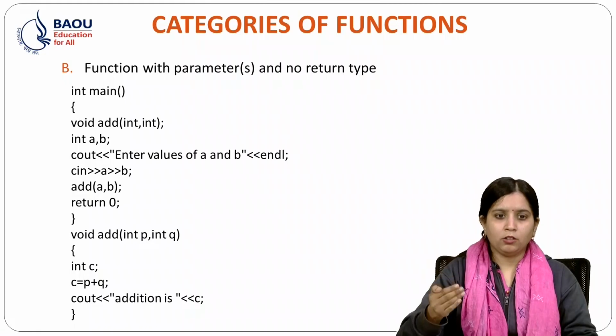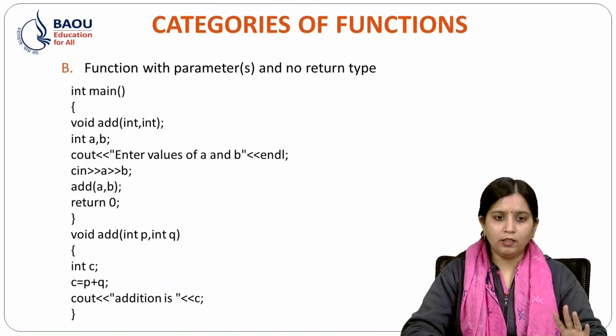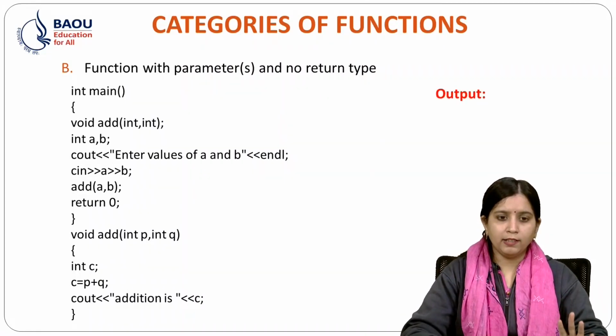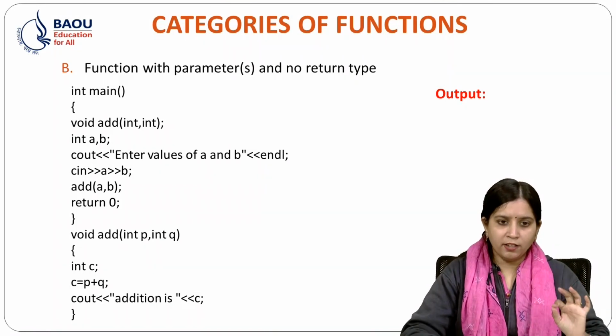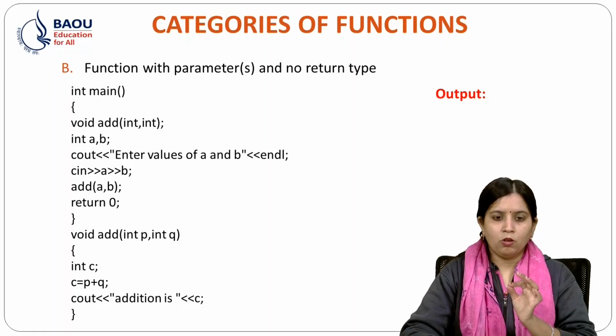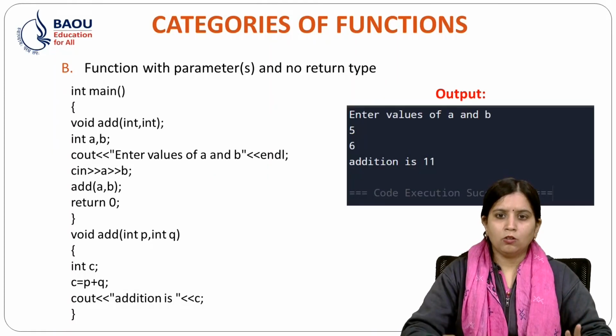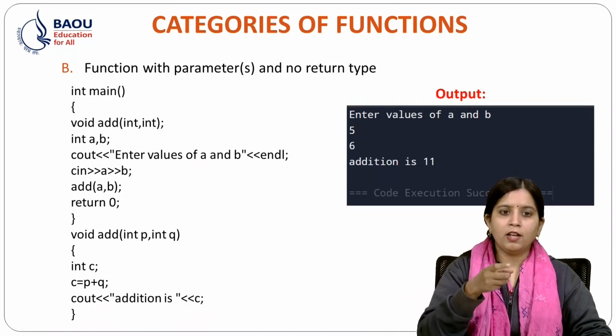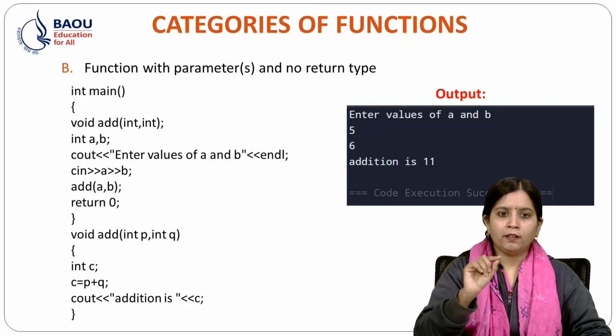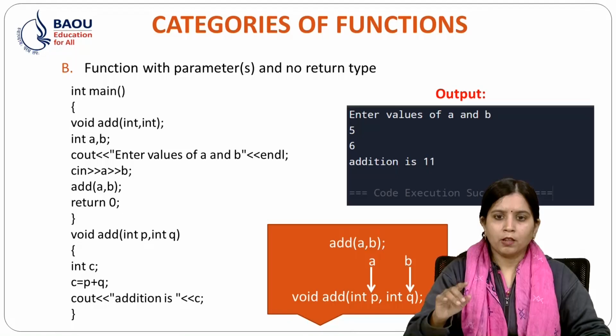A and b are the actual parameters and p and q are the formal parameters. So whenever I run this, c is equal to p plus q, and addition is c. So 5 plus 6 and addition is 11. So whenever I write a and b, see, a and b are copied to p and q.